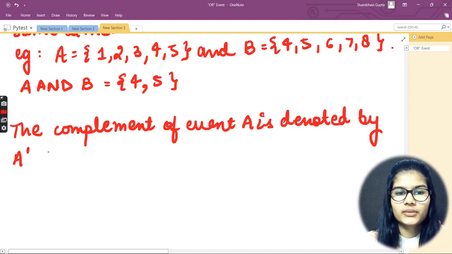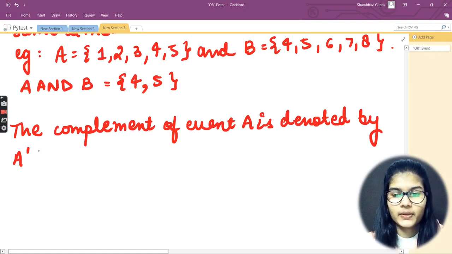This is how you denote the complement of an event. You could simply write A dash, or you could read it as A prime as well. That's your choice; there are different ways of speaking it: A complement, A dash, or A prime, whatever you wish. I would say A prime.